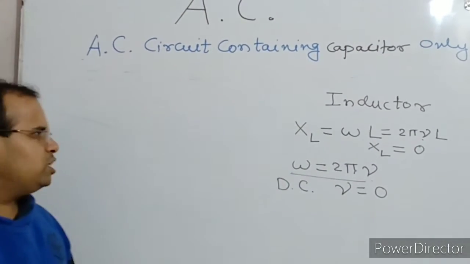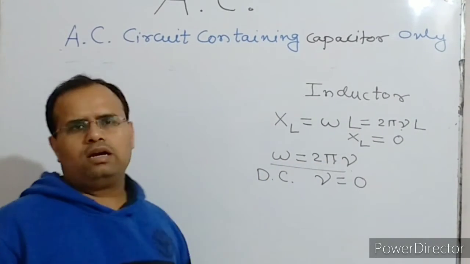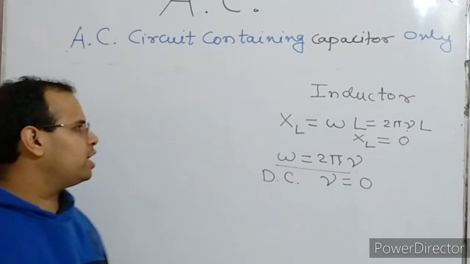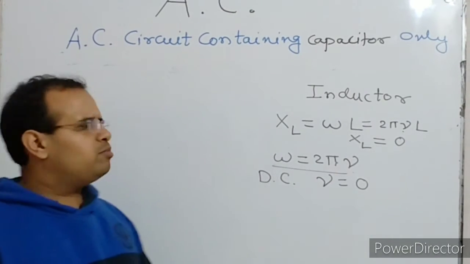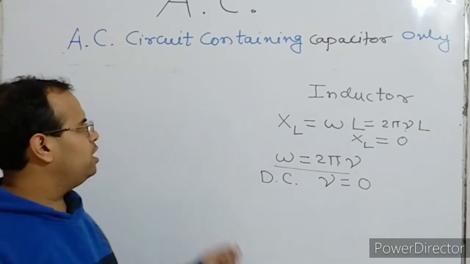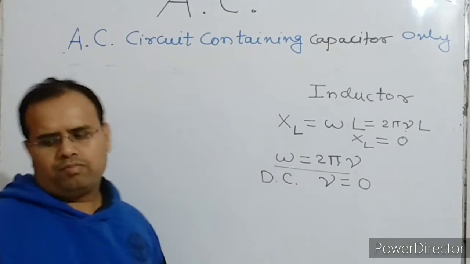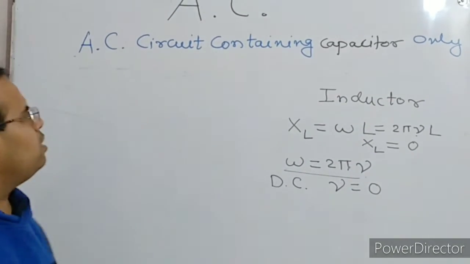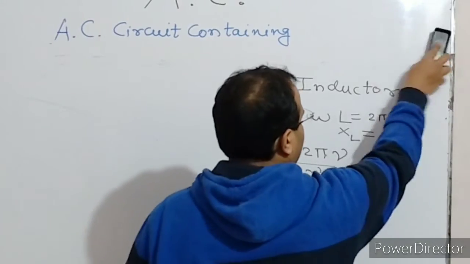What does it mean? It means that for constant DC, the inductive reactance is actually 0, and if it is 0, it means that for a constant DC, the inductor will behave as an ideal conductor.